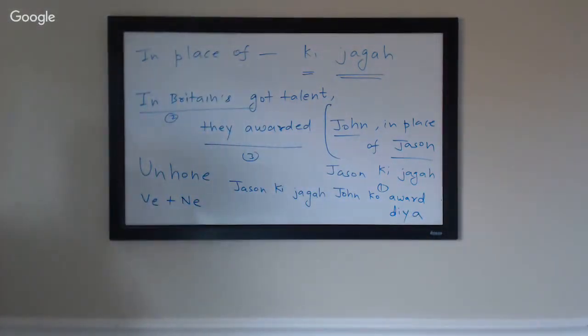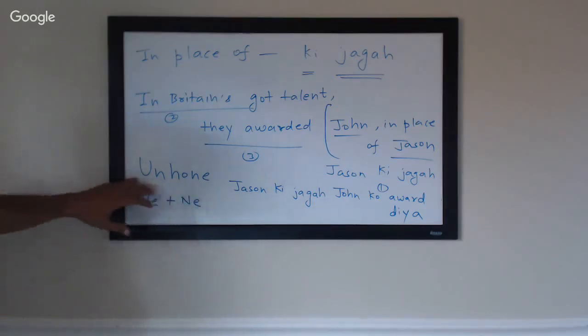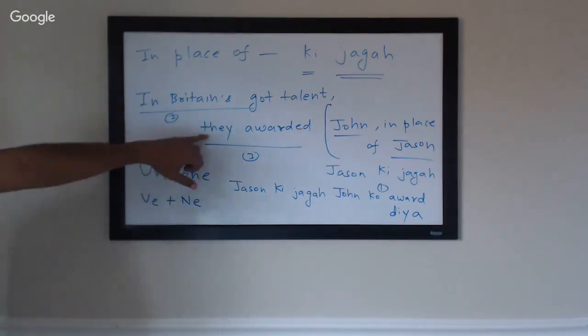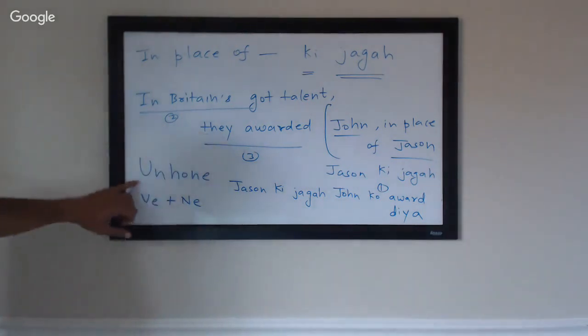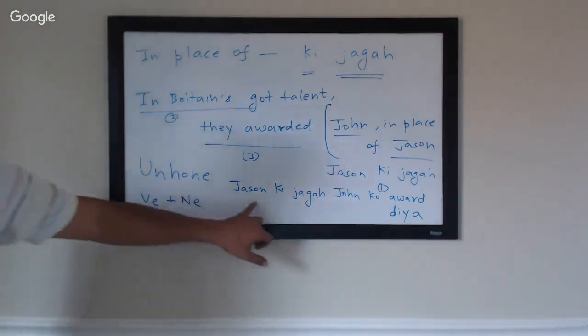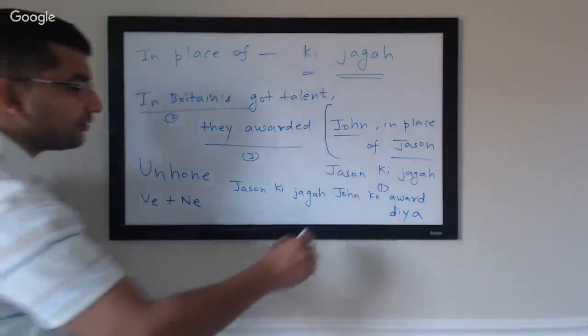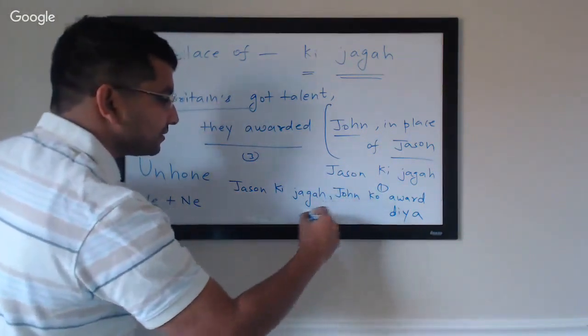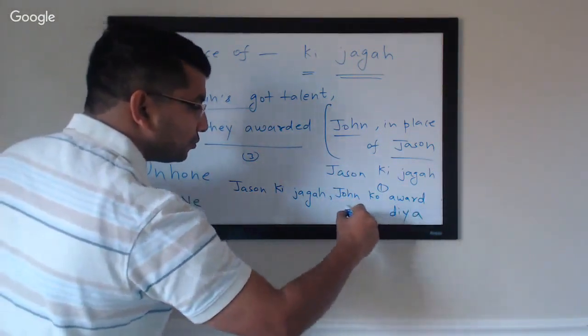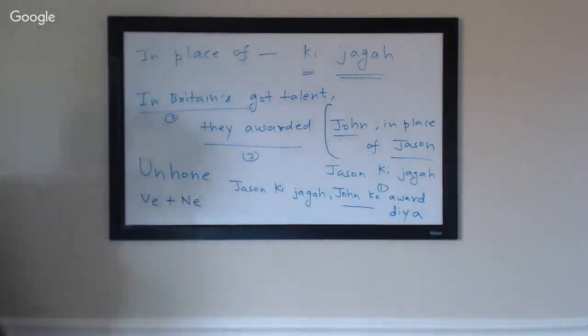Okay, I'll repeat it again so that all of you can see it. उन्होंने, which is basically you're referring to they or judges. Judges ने Jason की जगह, instead of Jason or in place of Jason, John को, to John, award दिया.